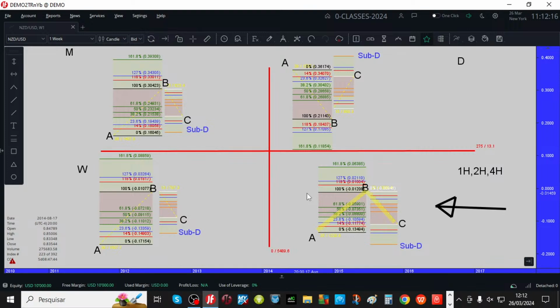How are you going to make pips and money on the 1 hour, 2 hour, 4 hour chart? You have euro dollar positioned like this, just in the opposite direction. You have NZD CAD positioned like this, just in a different direction.